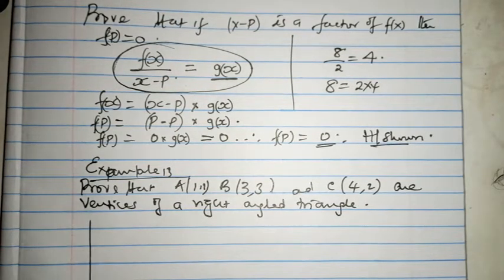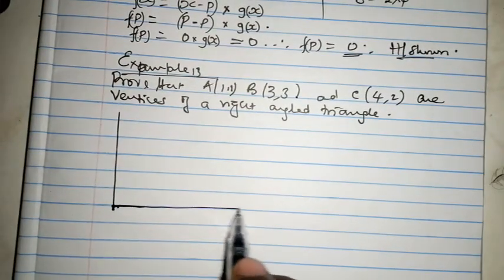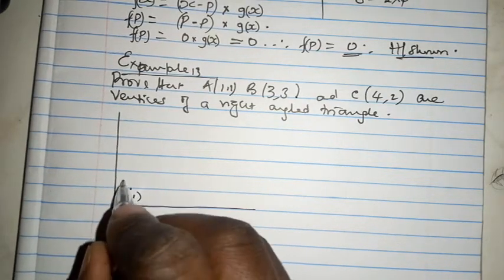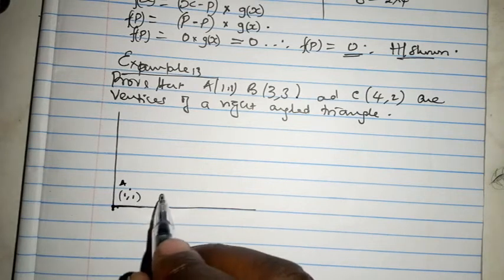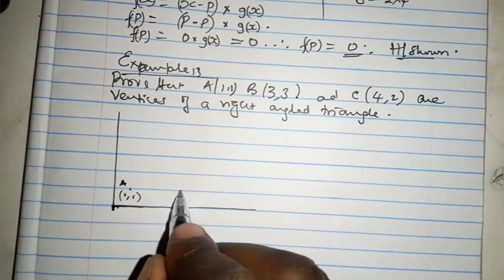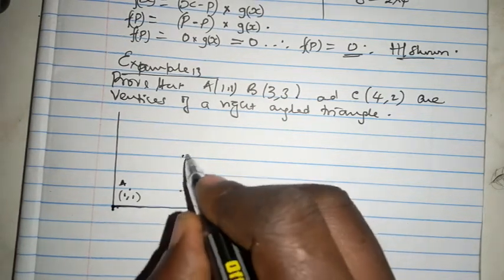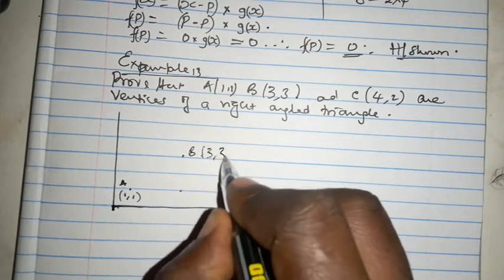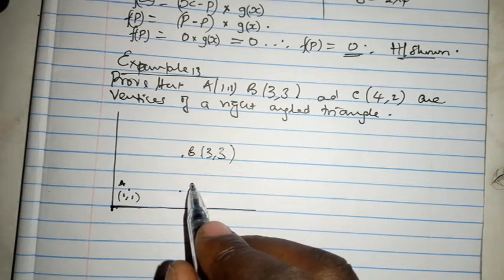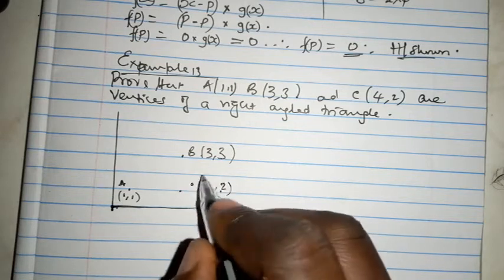Let me just assume we are having the XY Cartesian plane here so that we can discuss it. If we say this is (1, 1) and this is point A, there is point B (3, 3), and point C (4, 2), somewhere there.